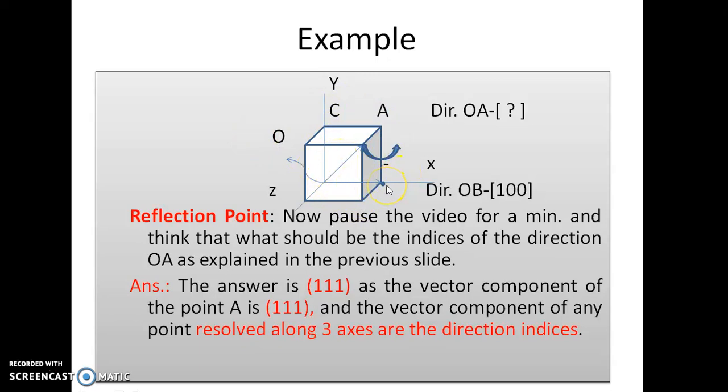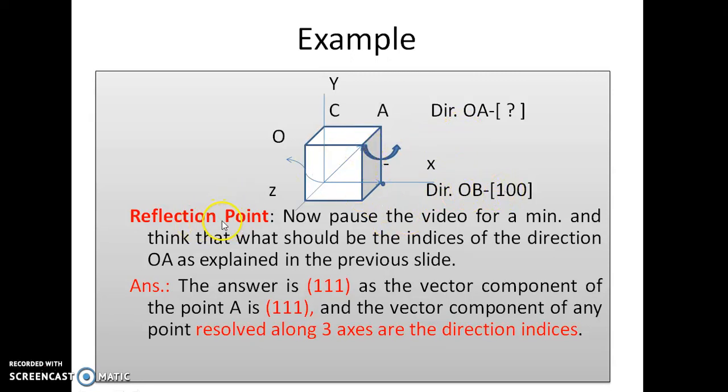Say the point B is here, the point A is here, the point C is here. Now you all know how to find the vector component of any point; that is part of our study in mathematics. So each point's vector component we know already. Now if you want to define the direction, say OB or the point A.